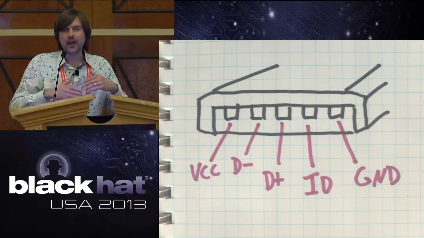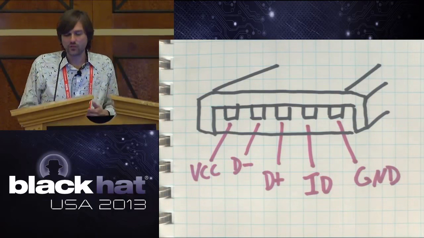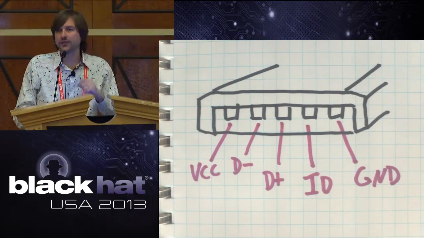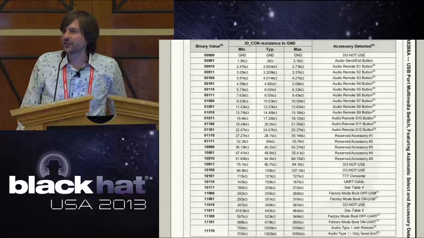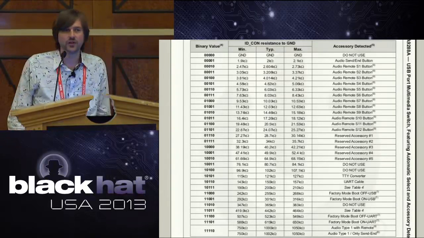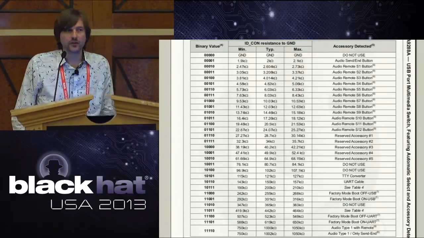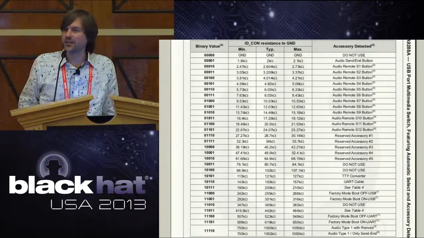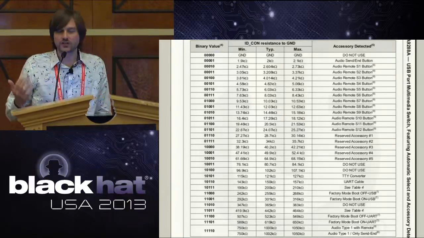And manufacturers have extended that over time, where they start detecting different resistances between ID and ground. And so this is a list of all the different resistances that can be detected by that particular multiplexer IC that I showed earlier. You'll notice it's quite a large list. There are all these different fixed resistor values that you can just attach between the ID pin and the ground pin on a USB connector and convince it that such and such a device is connected.